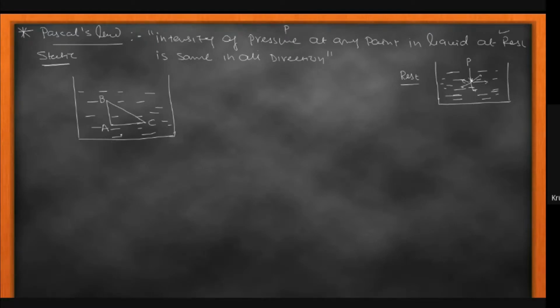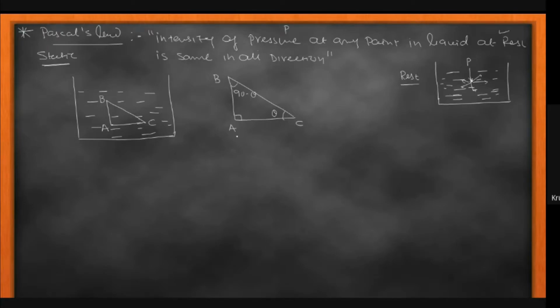Let's say I enlarge this figure, the triangle. So this is A, here it is B, and this is C. This is my 90 degree. I'm considering this angle theta, so this other angle becomes 90 minus theta.